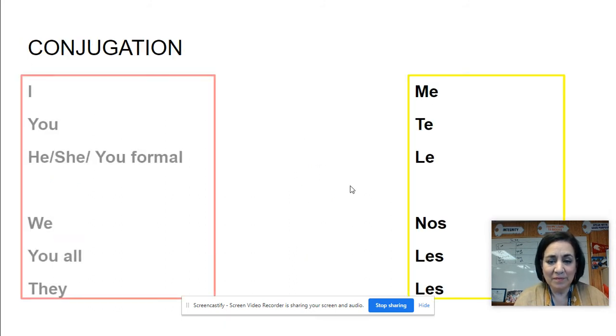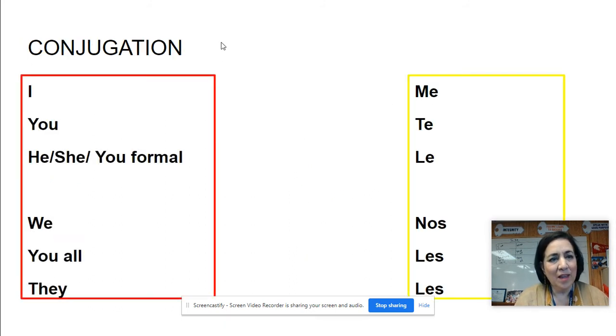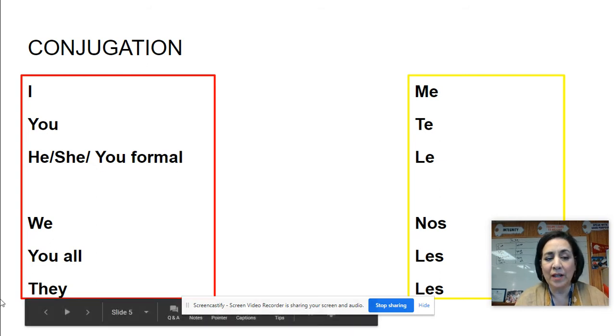Let's move on. So, when we talk about conjugation, it only means that we are going to use each pronoun and the verbs. In English, you have the pronouns I, you, he, she, and you formal, we, you all, and they.